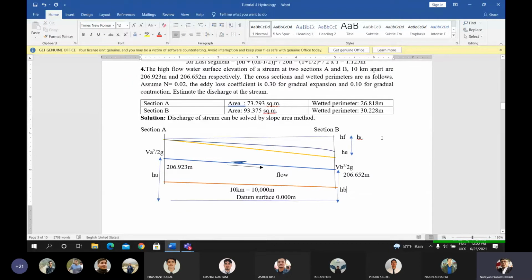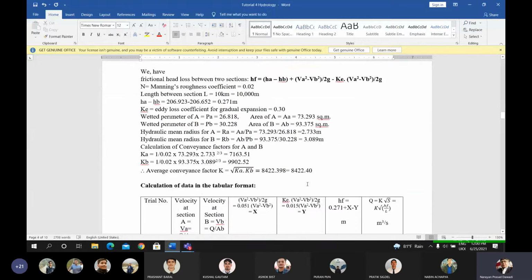Similarly, 1 by n, AB into RB power 2 by 3 is the conveyance factor for the section B. So the conveyance factor for the section B is calculated as 1 by n, area of A value will be 73.293, and RA is calculated as 2.733 power 2 by 3.